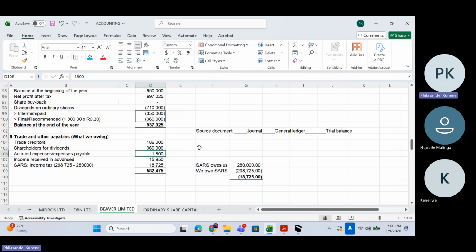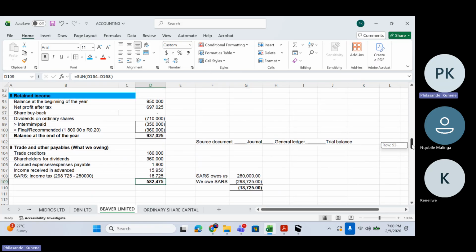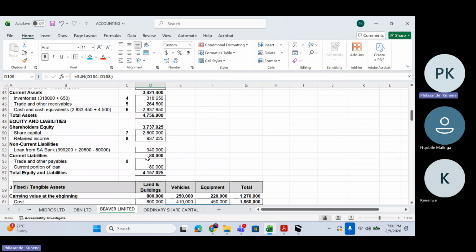So they have to be part of our liabilities. So we have 360,000. The total now for my trade and other payables, what we're owing, is 582,475. So that's what I'll go and record there. Okay.